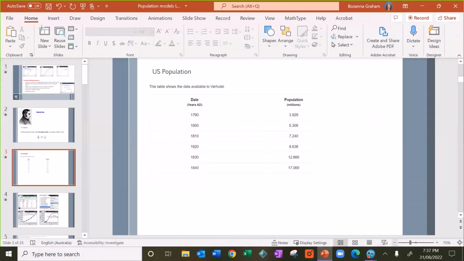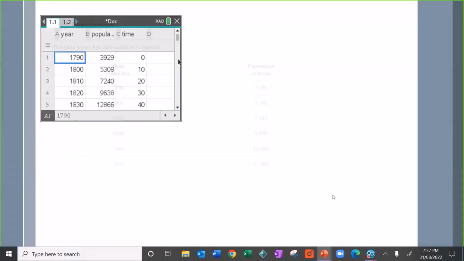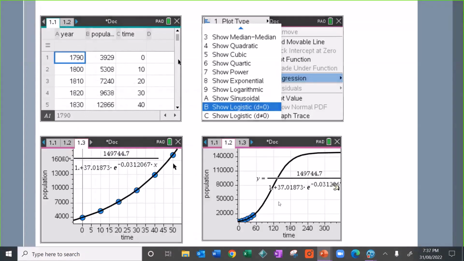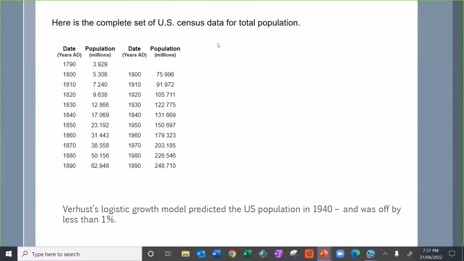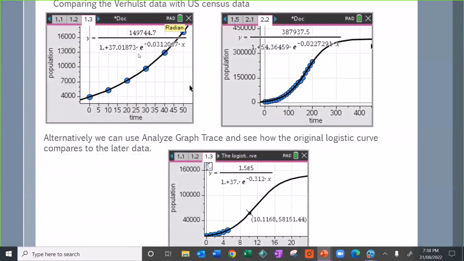Now, if we go and have a look at the actual data, which is from the US Census data for the total population. Again, these are some ideas for investigations, for students getting some real data and trying to model it with the logistic curve. I also entered this data on the calculator and we can compare those two curves.